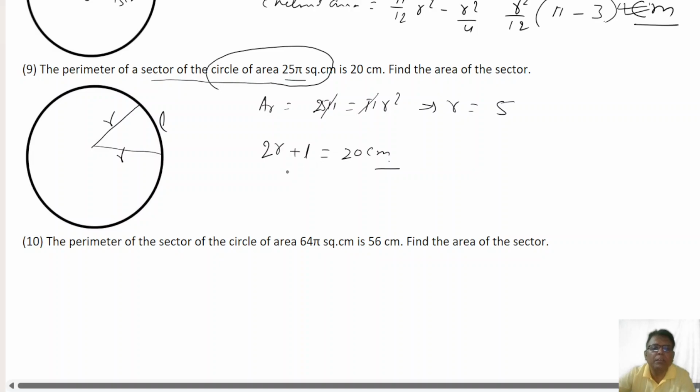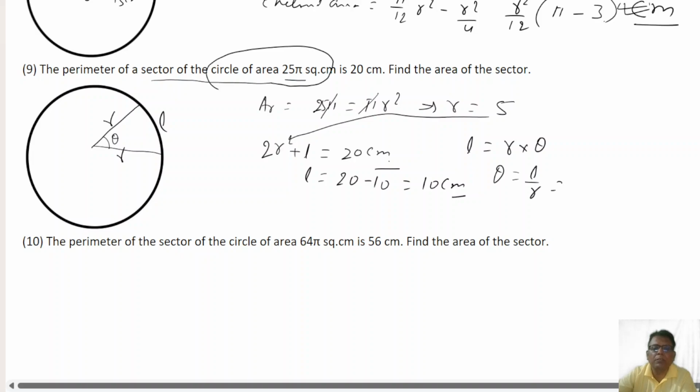From here, you put r, so L is equal to 20 minus 10, which is 10 centimeter. Then you find the angle. L is equal to r into theta, so theta is equal to L by r. L is 10, r is 5, so 10 by 5 is equal to 2 radian.